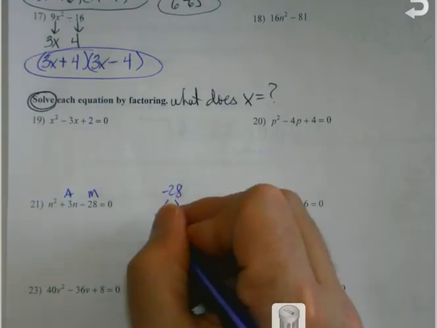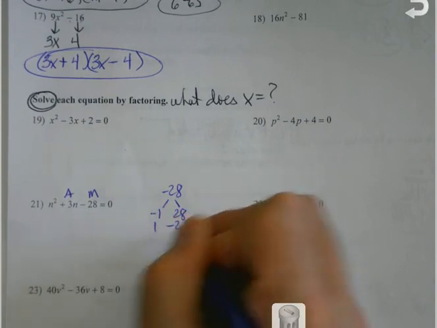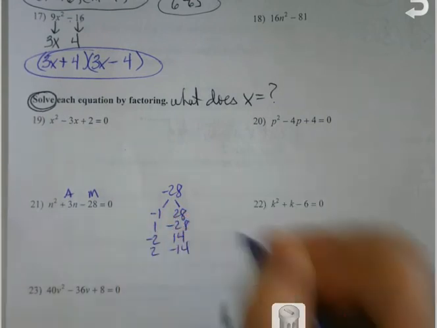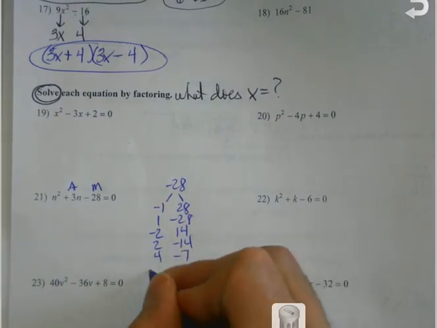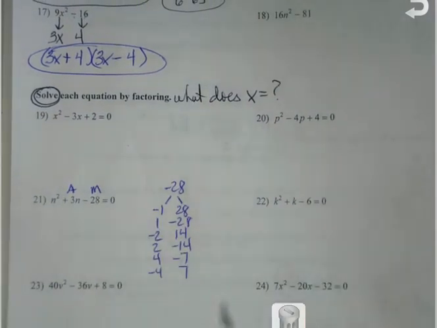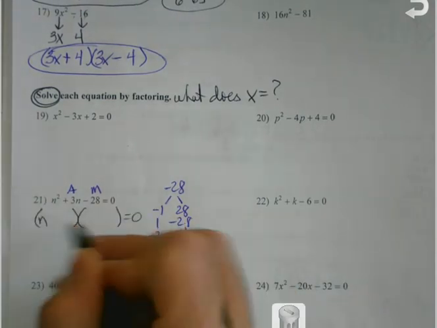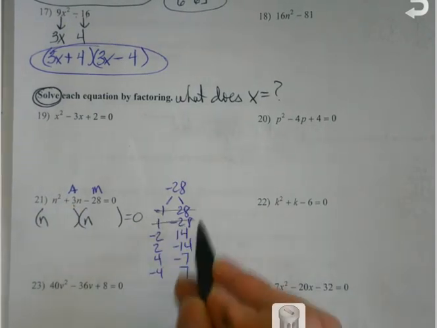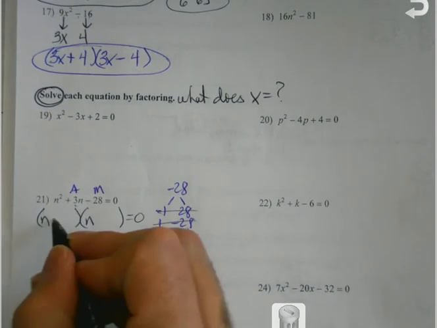And if I'm not sure, remember, start playing with the calculator. If you're going to use it for something, we might as well get some good use out of it. Make my list of values that are there. And once I've made my list, look for the one that adds up to 3. Nope, nope, nope, nope, close, nope, yep.